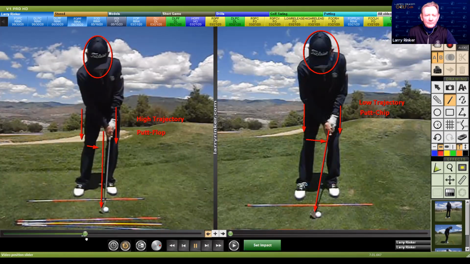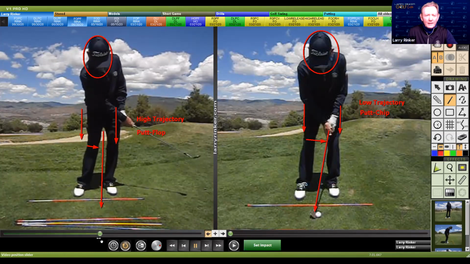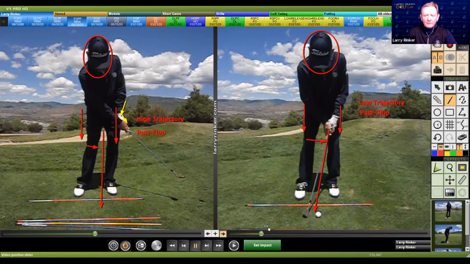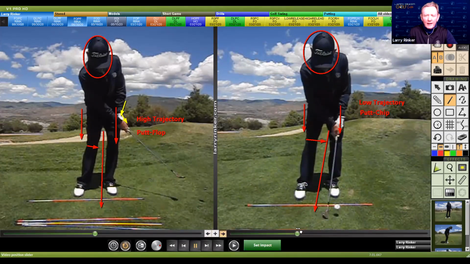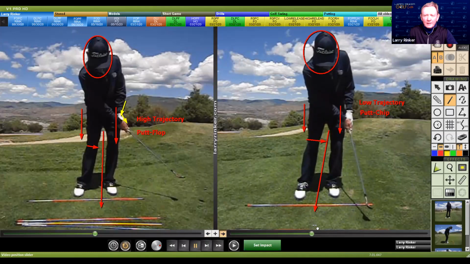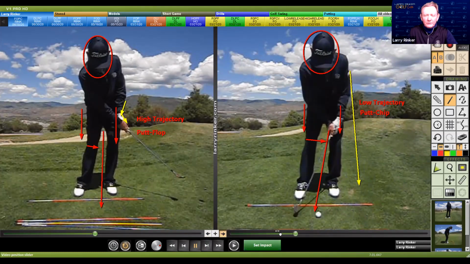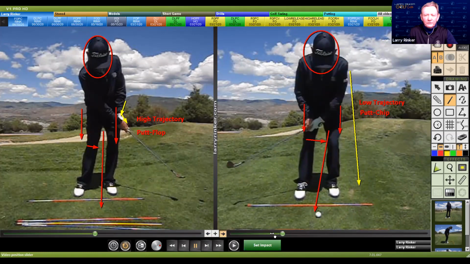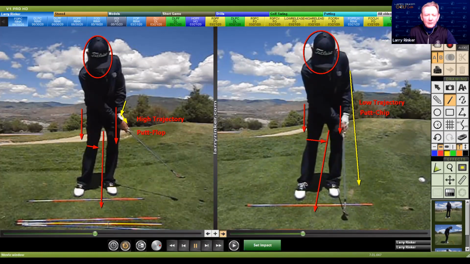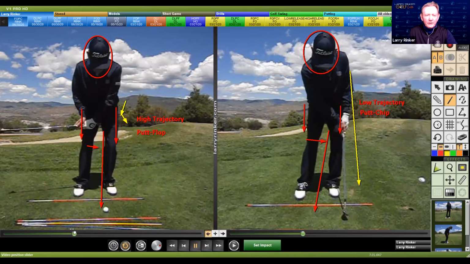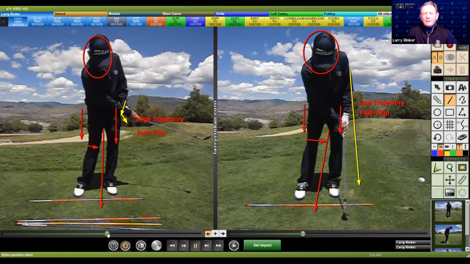With the high trajectory, we're letting that club pass the left arm and hand, that left wrist cupping or going into extension. And with the low shot, we're not letting the club pass the left arm as much. This is just a simple way for people to understand how you hit a ball high and how you hit a ball low around the greens.